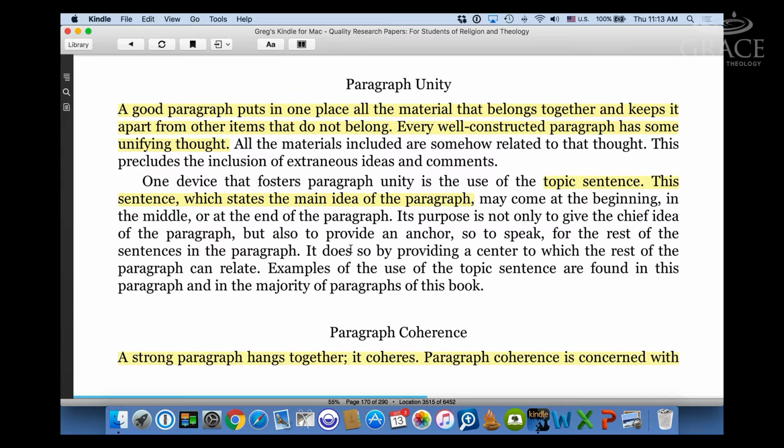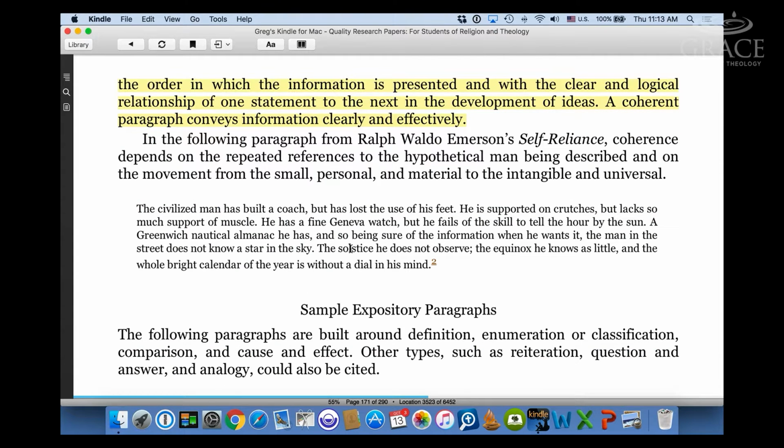A strong paragraph hangs together. Paragraph coherence is concerned with the order in which the information is presented and with the clear and logical relationship of one statement to the next in the development of ideas. A coherent paragraph conveys information clearly and effectively.